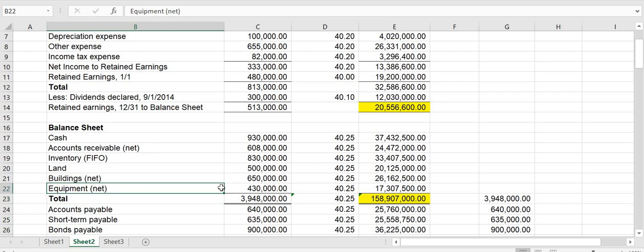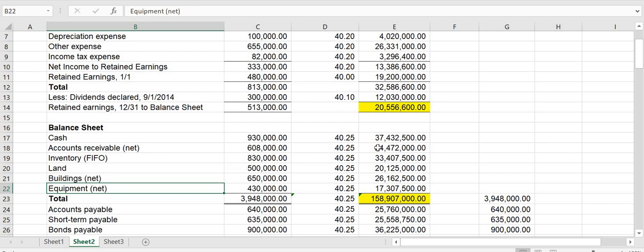Next, we are translating all the balance sheet accounts. All asset accounts: the cash, accounts receivable, inventory, land, buildings and equipment. Our total assets are 3,948,000 in US dollars. All balance sheet accounts, or all asset accounts, are translated at the current exchange rate, which is 40.25.